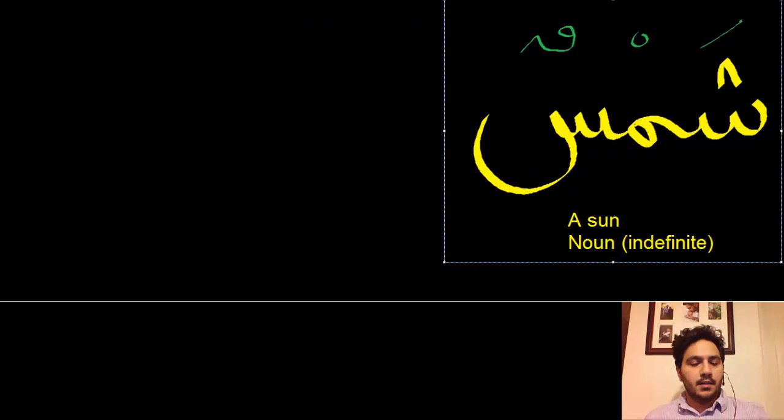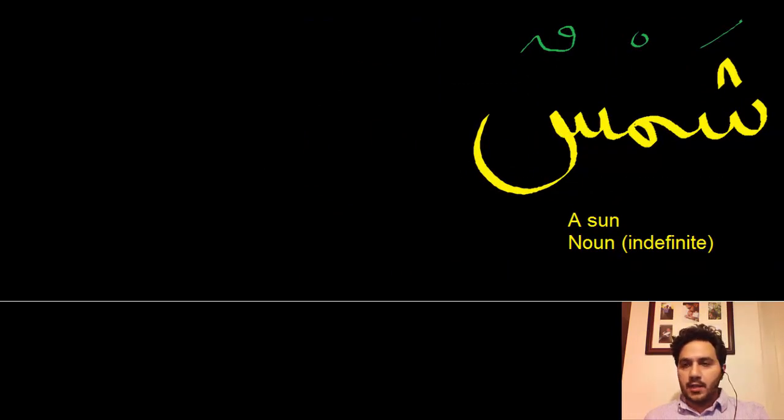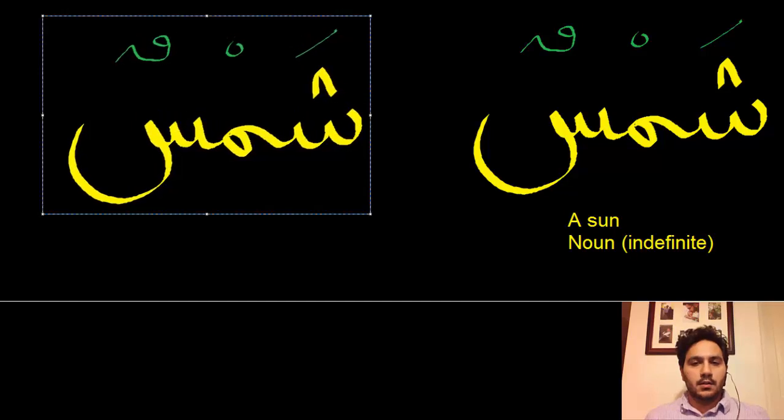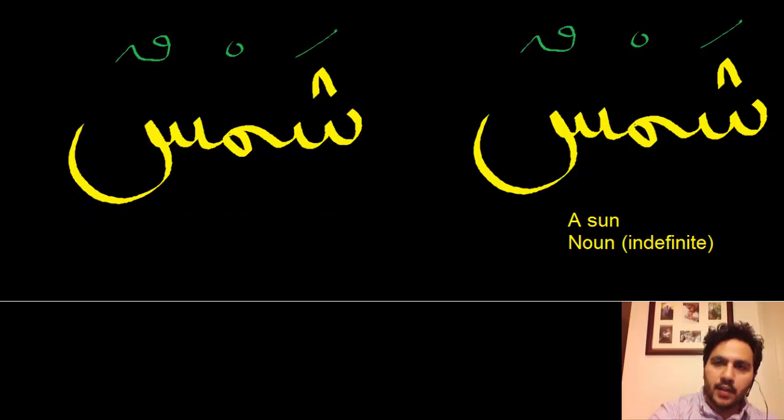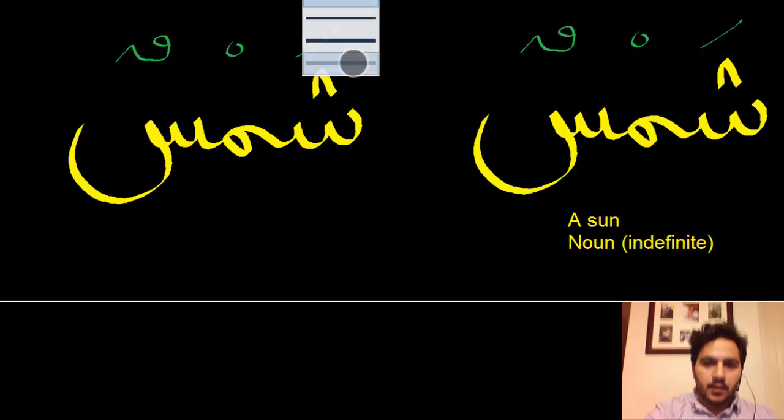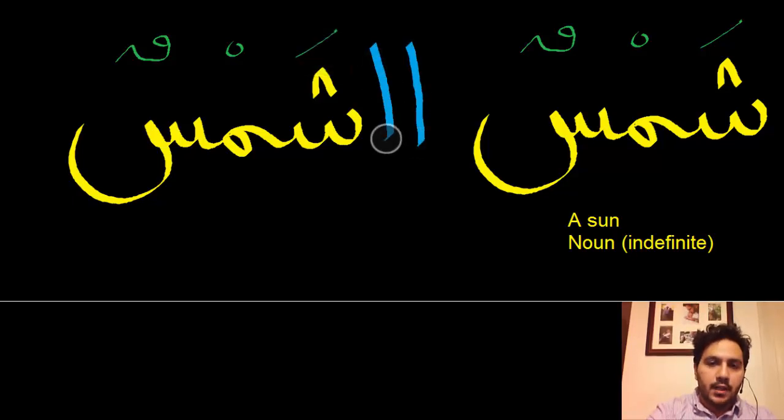And we're going to make it the sun. And we do that by adding the definite article. And that in Arabic is al-ta'rif. And we know at this point that that is an alif and lam.